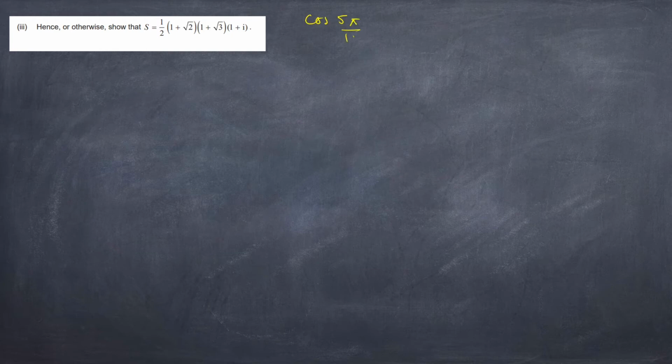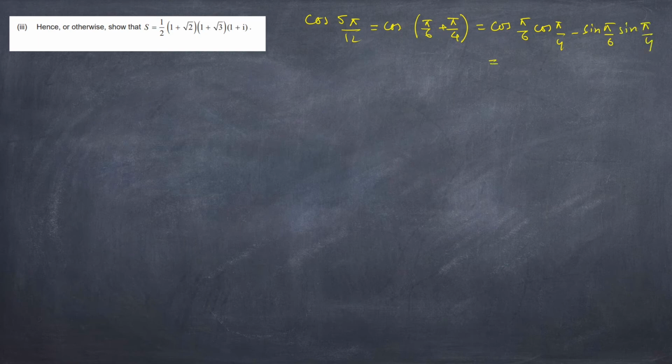So we will find out cos 5 pi by 12. Again we can use the previous formula, that is cos of pi by 6 plus pi by 4. The formula will be cos pi by 6 cos pi by 4 minus sin pi by 6 sin pi by 4.